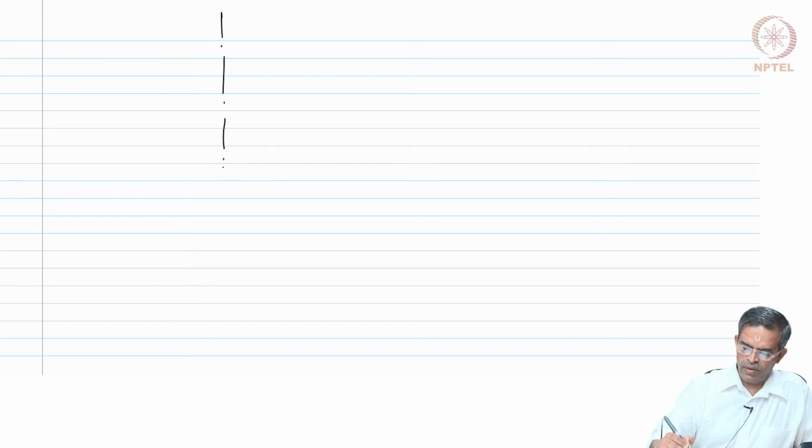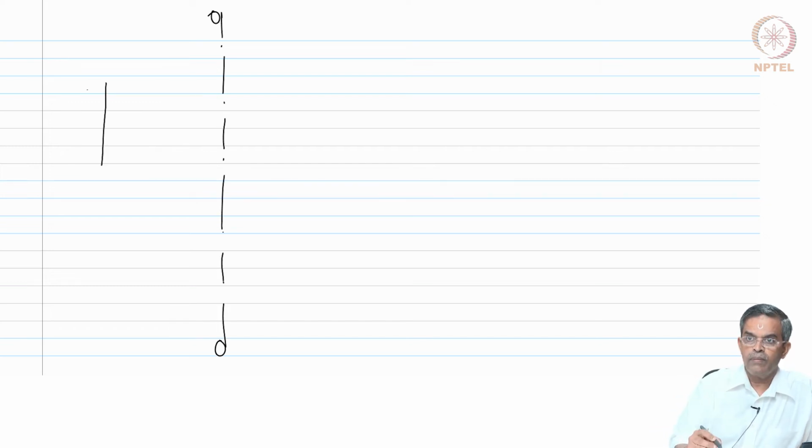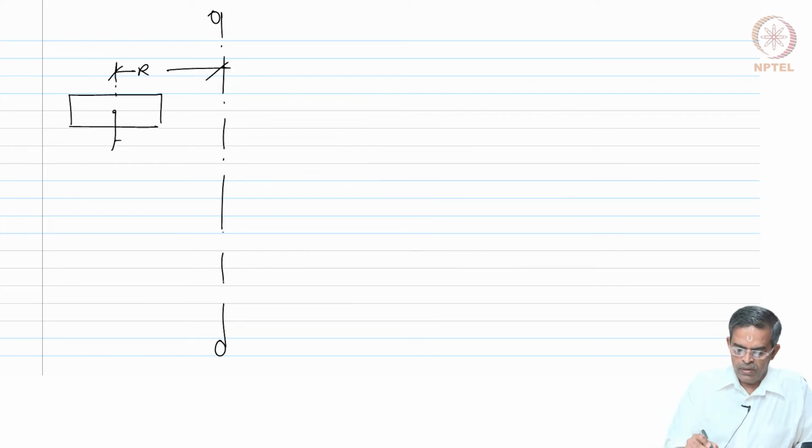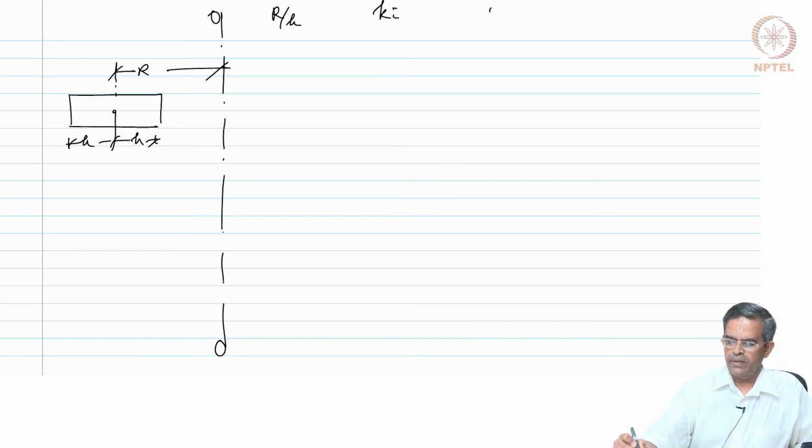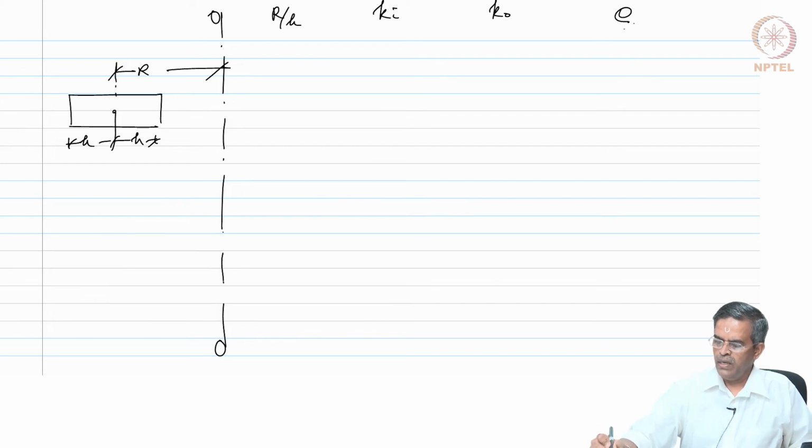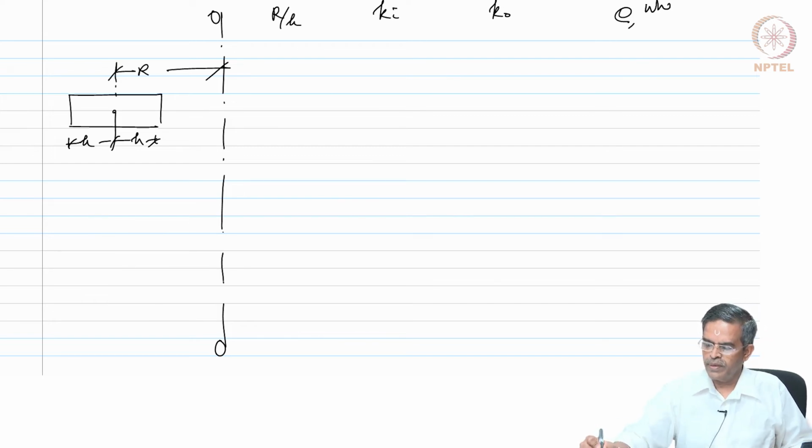For rectangular sections, this table is again given in a different format. OO becomes the plane of reference, so we draw a rectangle with the centroidal axis, measurement R from the plane of reference. Let us say this is h, this is also h. So, R by h, Ki, Ko and e when the beam is under pure bending.